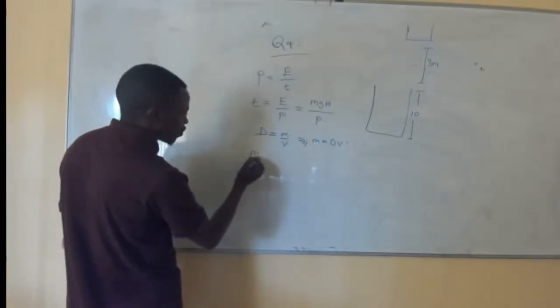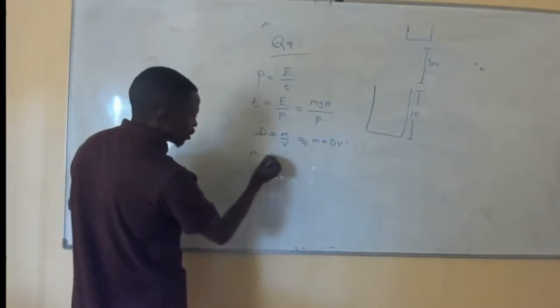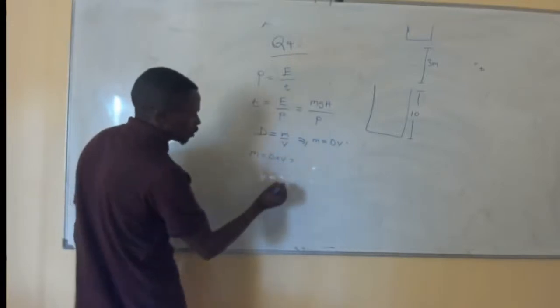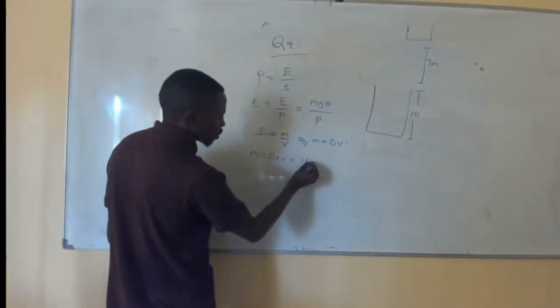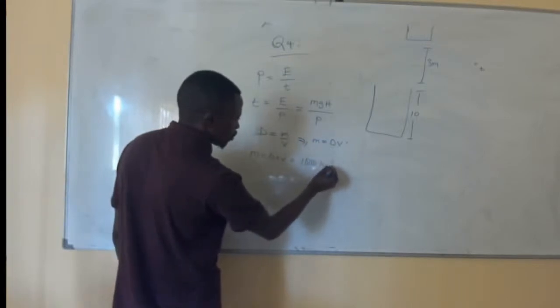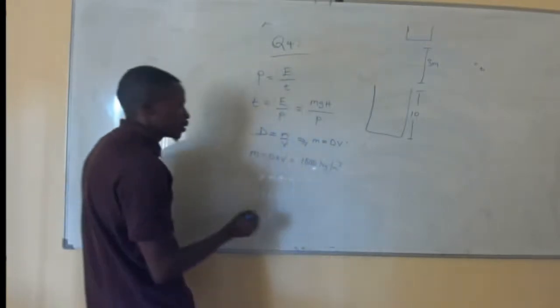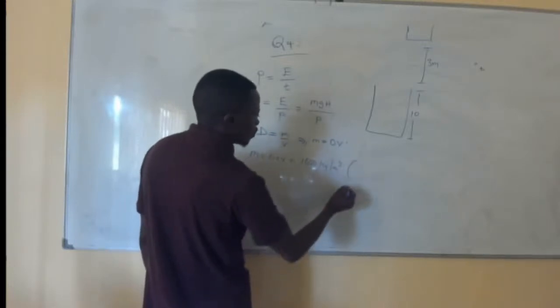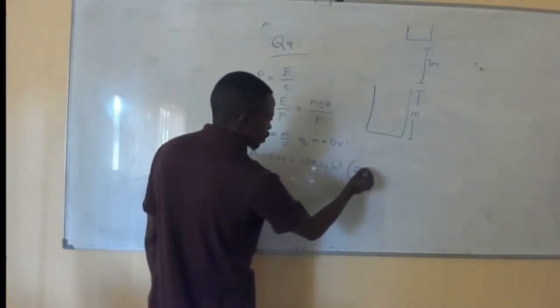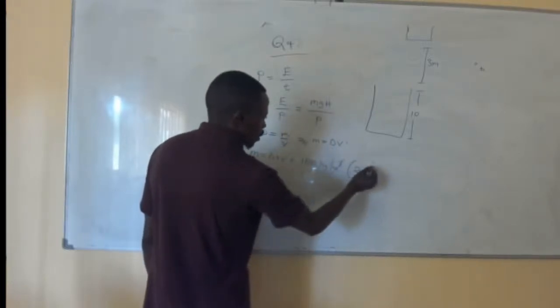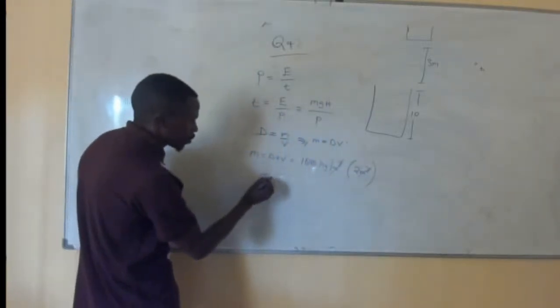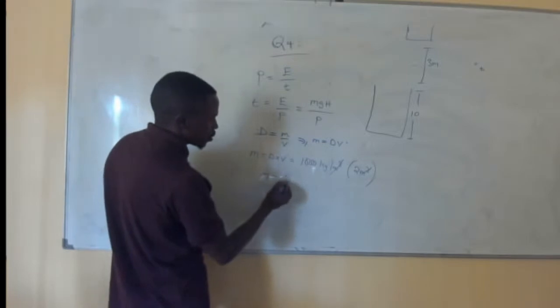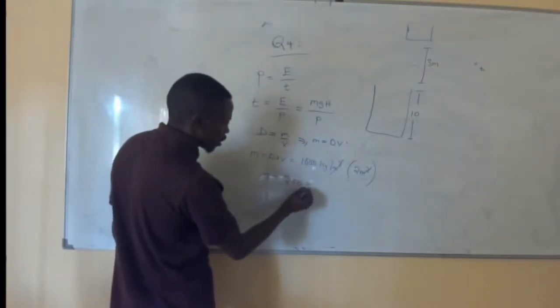So therefore mass is equal to density times volume, which is 1,000 kgs per cubic meter, which is a constant. You can look up that value. Multiplied by the volume, which is 2 meters cubed. So the cube and the cube go, I'll remain with mass is equal to 2,000 kgs.